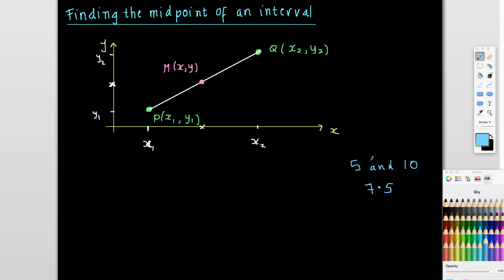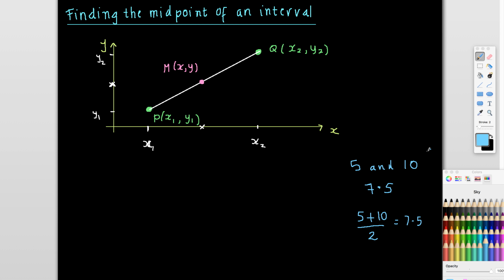Now, there is actually another way of finding that middle point. When you have two numbers, the middle of them is going to be equal to the average of those two numbers. So we can find the average of 5 and 10. Add them together, we get 15. 15 divided by 2 is 7.5.